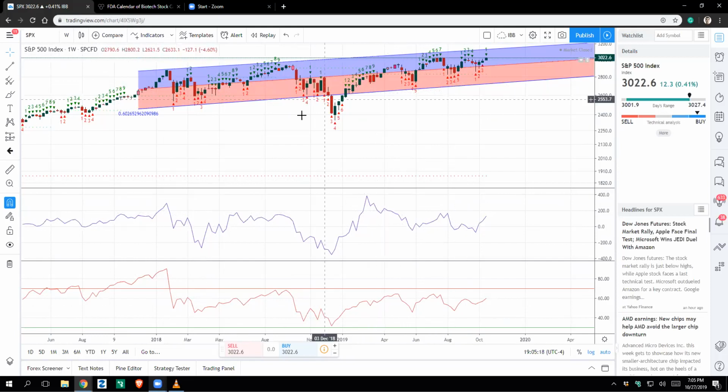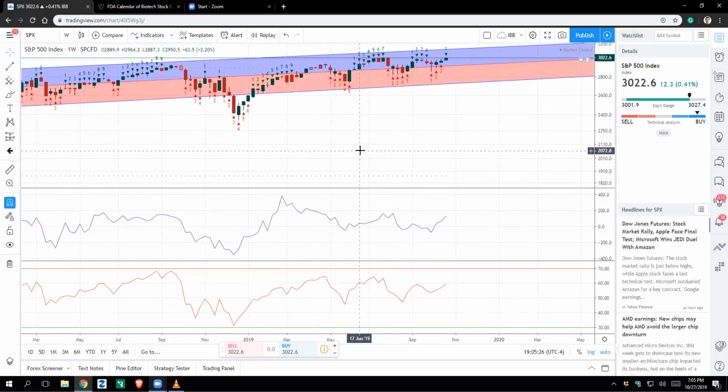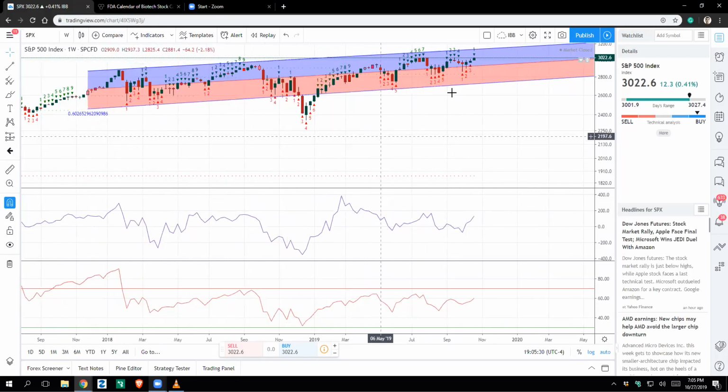This is an indicator that I find very useful, and it's essentially a mathematical function which uses the previous values and extrapolates it to create a channel. The channels are essentially two standard deviations.